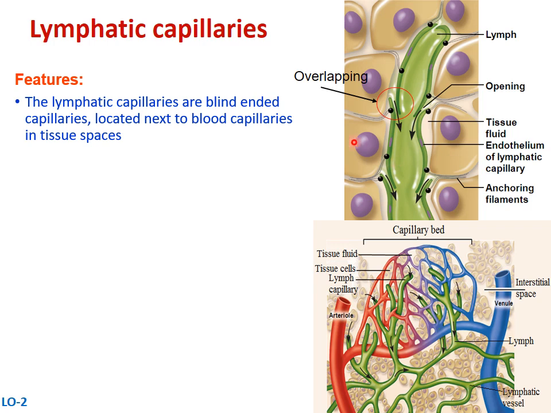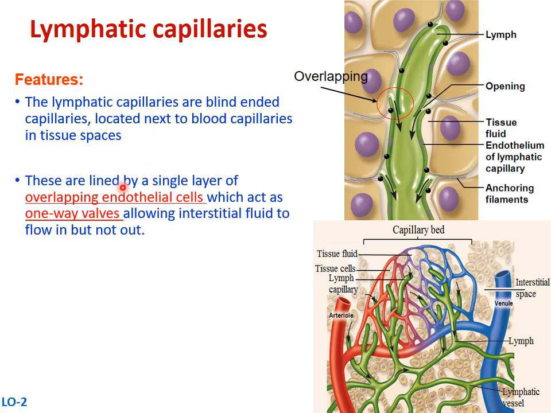So lymphatic capillaries are blind-ended. First, they are located next to the capillaries in the tissue. Second, they are lined by a single layer of overlapping endothelial cells, which act as a one-way valve, allowing interstitial fluid to flow in but not out. Here, this arrow indicates the fluids coming inside the duct due to negative pressure; it sucks the fluid in where there is a high negative pressure.